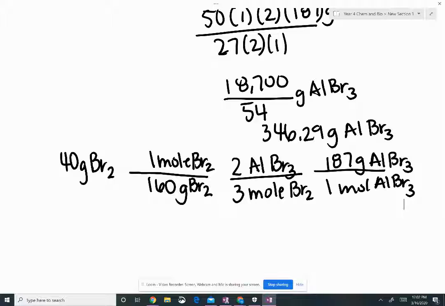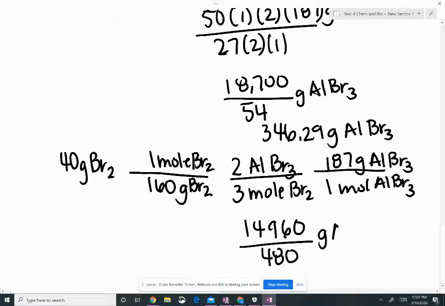So then I would multiply those things across. So 40 times 2 times 187 is 14960, divided by 160 times 3, which is 480, and this is grams of AlBr3.